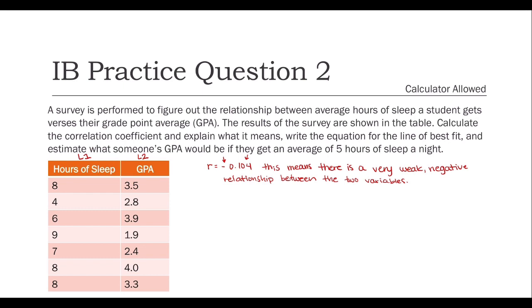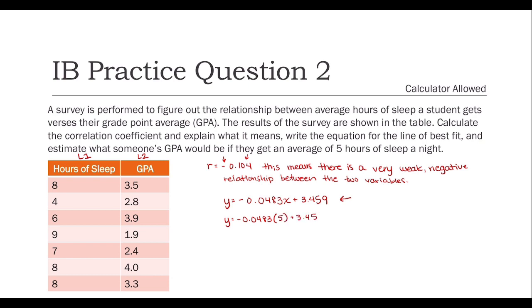So our line of best fit would be y equals a, which is negative 0.0483, times x plus b, which is 3.459. So now that we have our equation for the line of best fit, we can estimate someone's GPA if they get an average of 5 hours of sleep a night. So that would be y equals negative 0.0483 times 5 plus 3.459.